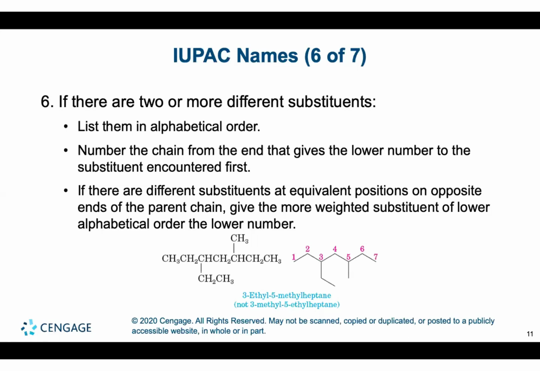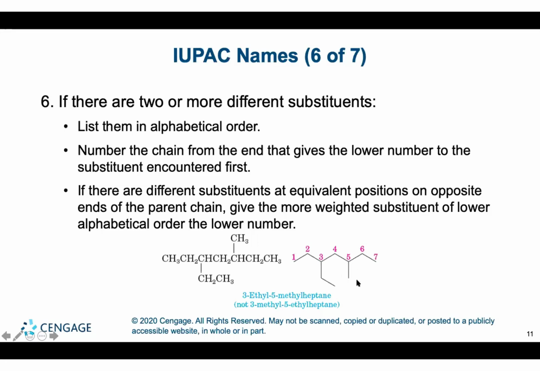So, if the branches both reach the same numbering, you should look at what branches you have. Here I have two different branches. One is ethyl, right? CH2, CH3. And here is a methyl group, right?